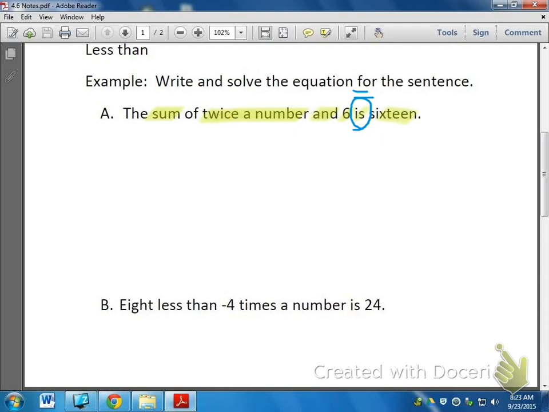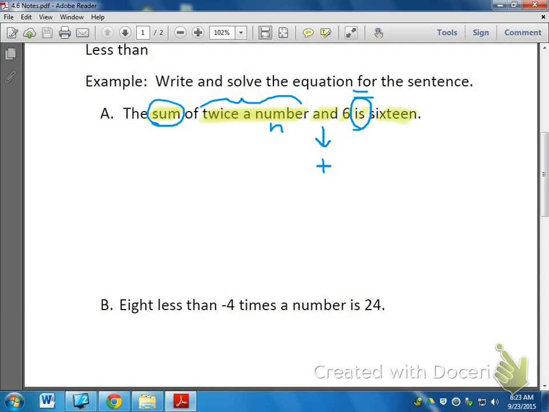Okay, so let's see if we can put this together. If it says sum, what operation are we going to use? Addition. And I told you where you see the word and, that's where you put the operation. So there's my addition. Anything in front of it goes before the plus sign, and anything after it goes after the plus sign. Before the plus sign it says twice a number. We already said when we see the word number, we're supposed to put a variable.